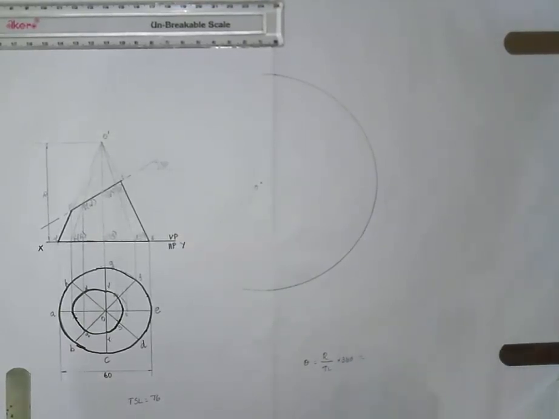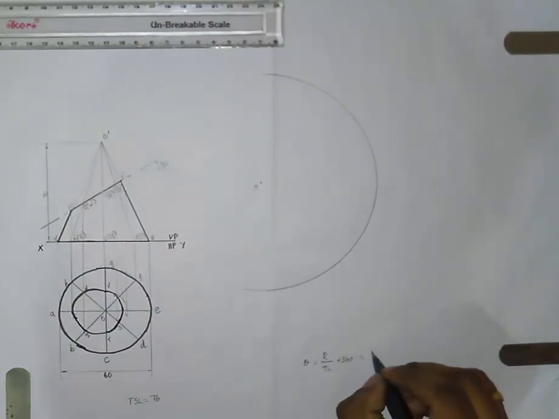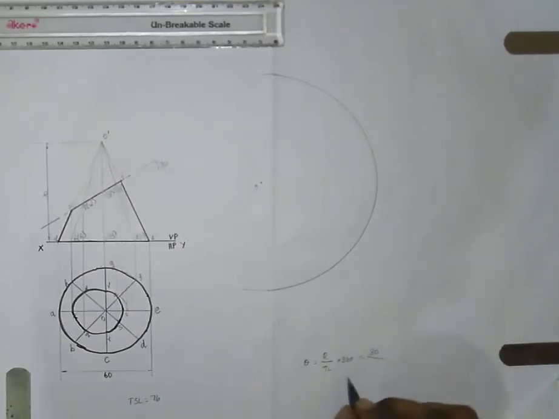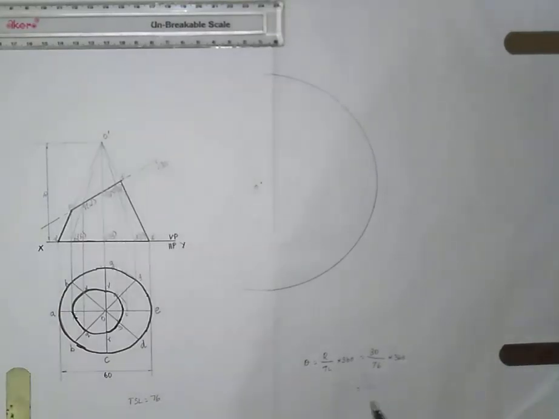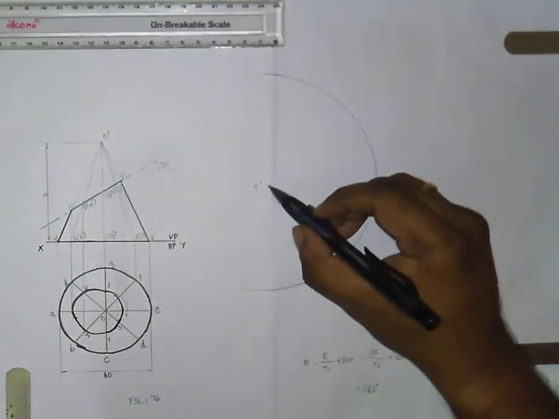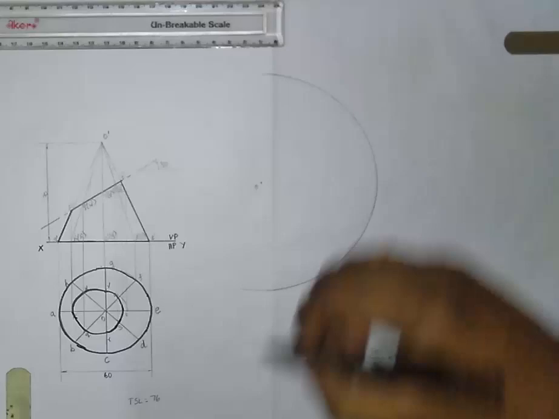This R is nothing but the base radius of the circle. So the radius is 30 mm and this true length is your true slant length. We have found that the true slant length is 76, so 30 by 76 into 360. Now this angle comes around 142. This is the angle of this completed arc.